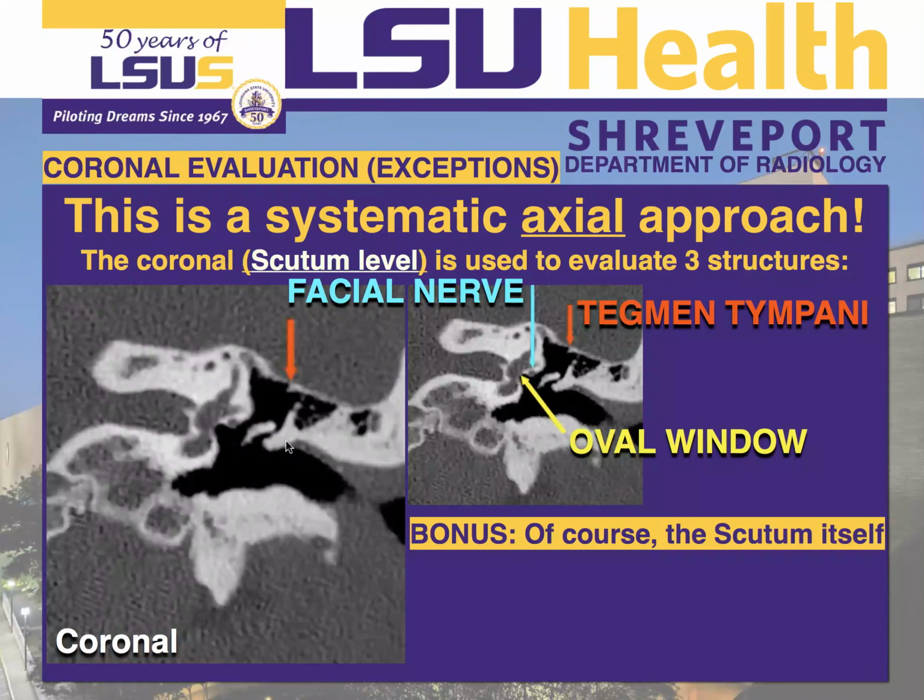When you are at the level of the scutum, you can see the oval window here. You can see the facial nerve under the semicircular canal and the tegmen tympani, okay? These are the four important structures you have to look for when you are analyzing this coronal view.